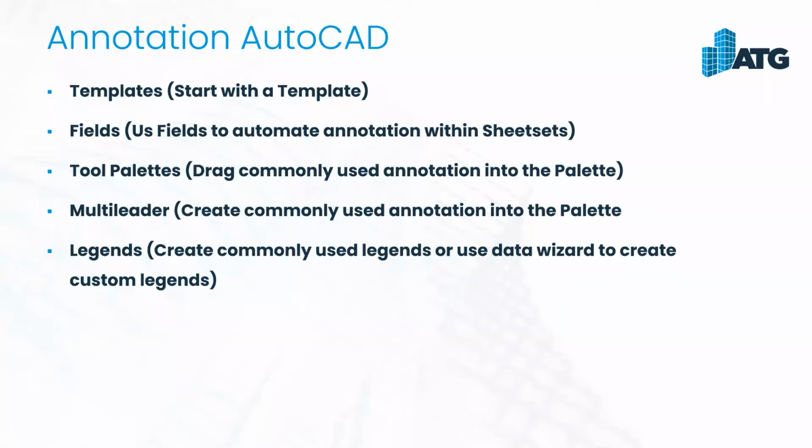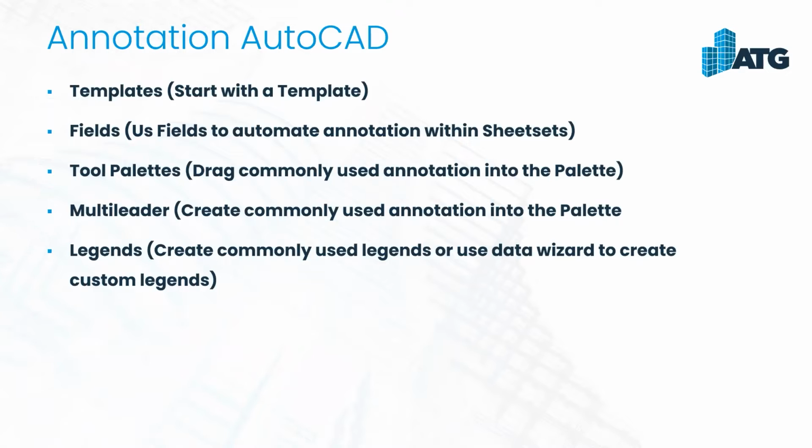All right, so let's kind of go through this. Annotation in AutoCAD, how can we automate some of this stuff? Templates. We can have all our site plan data and things off to the right in a border, bring that in as a template, start using that right away and start labeling things inside our drawing, having a legend and maybe one or two different multi-leaders to start working right away. The other way is fields.